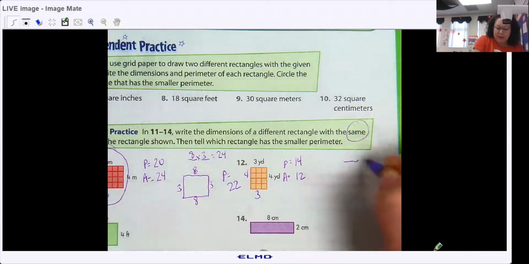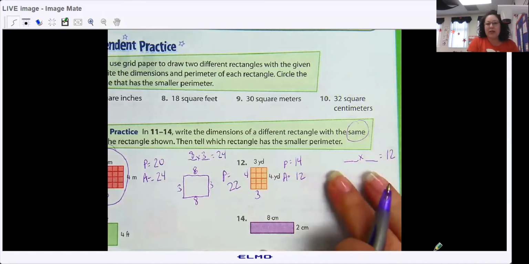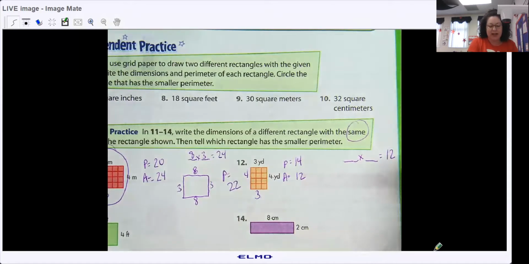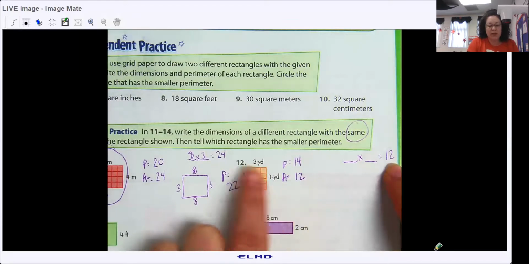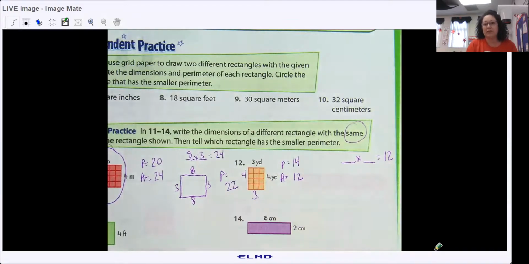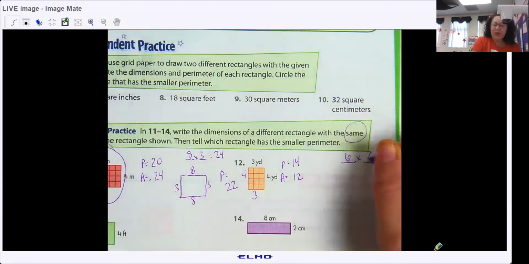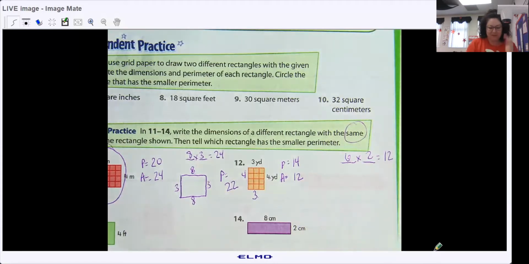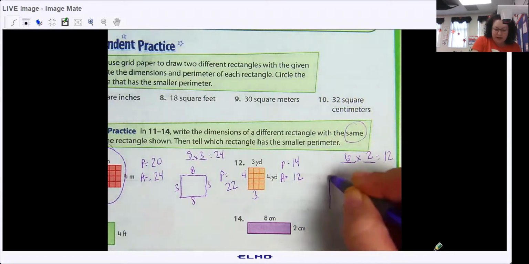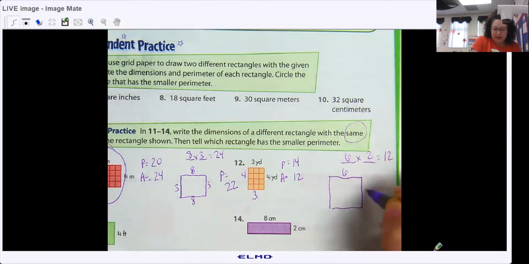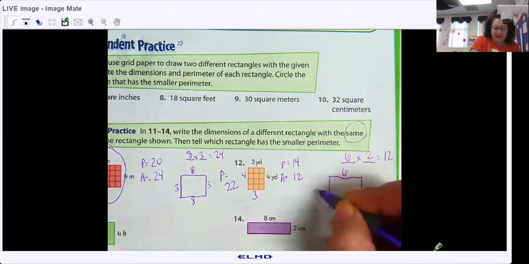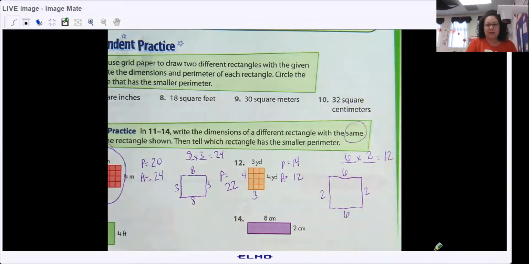Okay, and so remember, we're finding the same area. So when you find the same area, you've got to pick two numbers to multiply together to get 12. We used 3 and 4. What else makes 12? What times what makes 12? There's 2 more, I think. 6 times 2, right? Or you could do 12 times 1. So I'm going to draw 6 and 2, and then this would be 6, and this would also be 2.